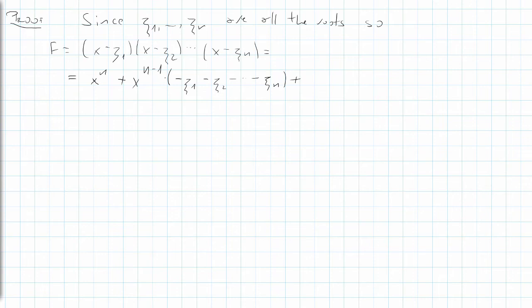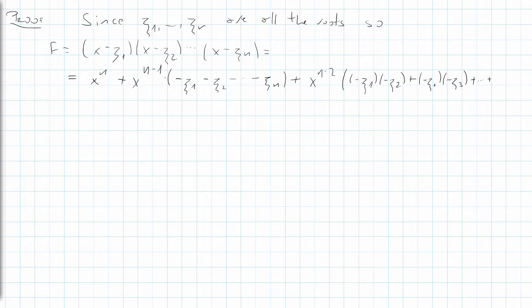Now we pick x from all the parentheses except two, from which we pick xi i and xi j. So we have x to the power n minus 2 times... If we pick xi from the first two parentheses, then it's minus xi 1 times minus xi 2. The next one is minus xi 1 times minus xi 3, and so on.